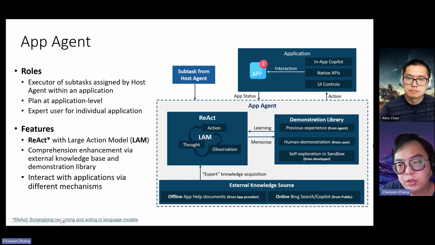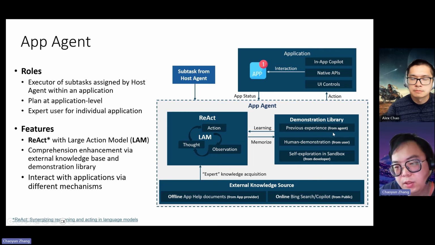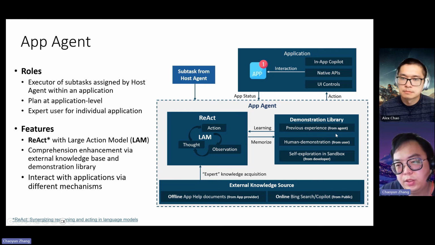For the demonstration library, we will have the one from the agent itself, which it generates from its previous successful experience, and we will save that into its long-term memory. And also we will have the human demonstration. This means that the users can just demonstrate the task completion to teach the agents how to complete one task step by step, and we also save this into its memory.